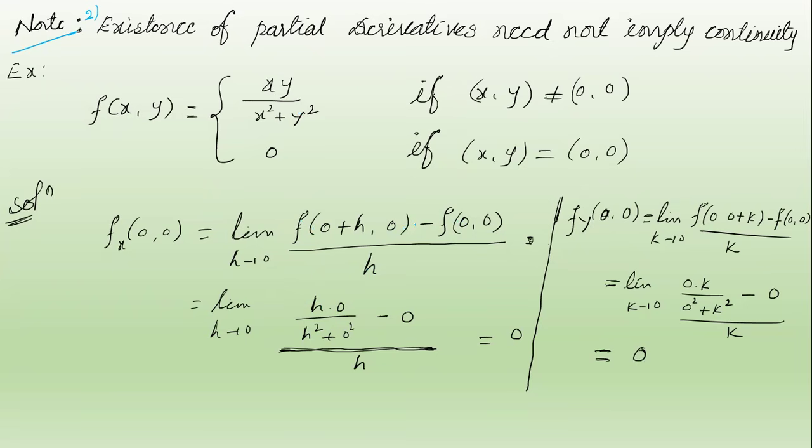The functional value is 0 here, so f of a comma b is 0, divided by h. 0 into anything is 0, therefore the whole value becomes 0. Similarly, we find the partial derivative of f with respect to y at 0 0. We get 0. Therefore, partial derivatives exist.